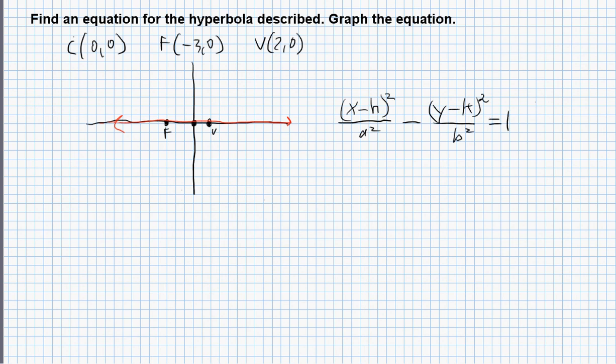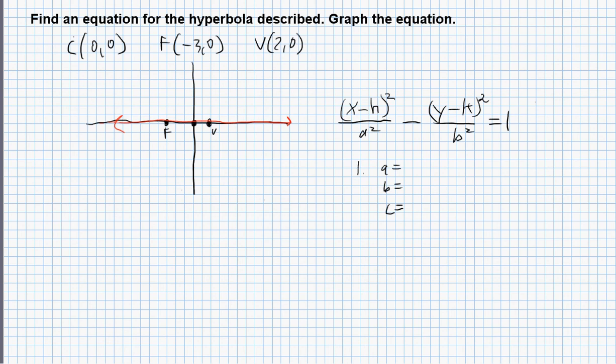Okay? So now in order to figure out the rest of the equation to fill the constants in, we're going to do the first step of our analysis, which is to work out what a is, what b is, and what c is.